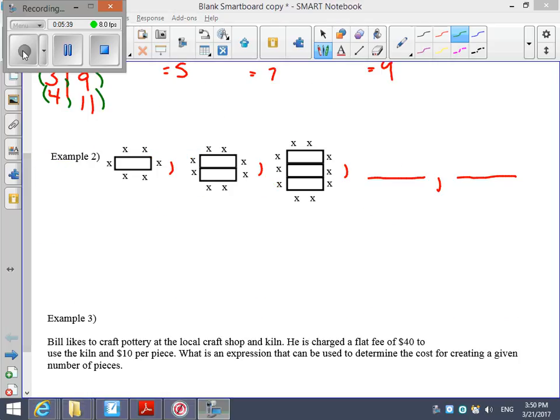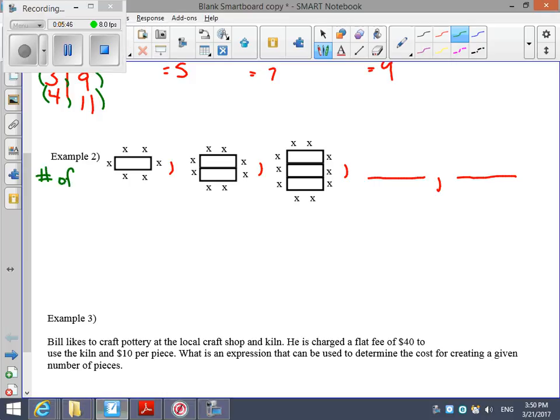So let's continue with this one, a picture diagram, and let's say we were looking at number of seats. Let's say that all of these x's are chairs around some seating, and we add in another table. How many more people can come each time? If we look at our first picture right here, and all these x's are seats, we see that there are 6 available chairs for people.